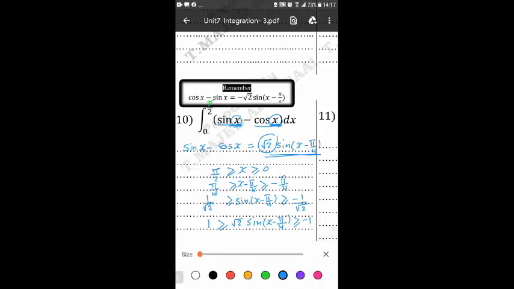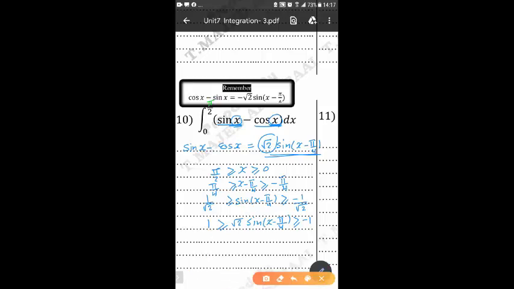So this is L and this is K. So the upper limit equals 1 times pi over 2 minus 0, which is pi over 2. And the lower equals minus 1 times pi over 2 minus 0 equals minus pi over 2. That's it.